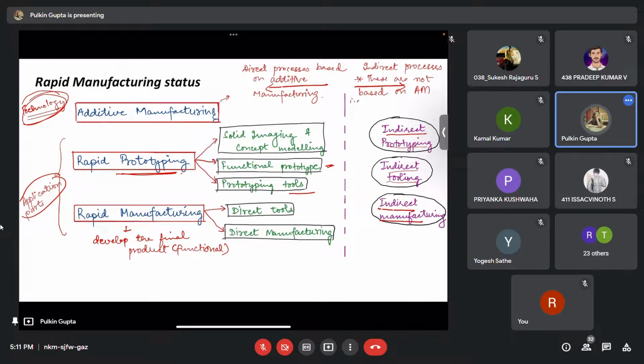That is the final product that is coming out of it is not additively manufactured. All right. The final product that is coming out of these techniques is not additively manufactured. Whereas in these processes, the final product that is coming out of it is directly manufactured.